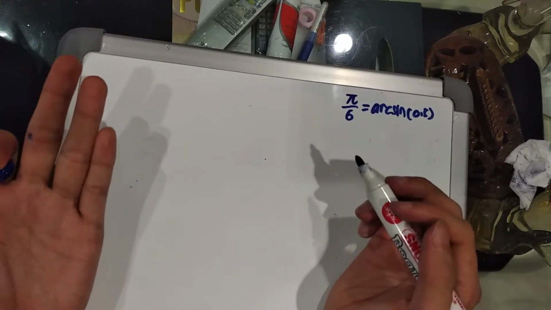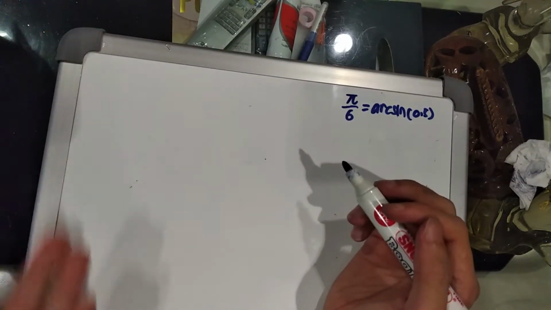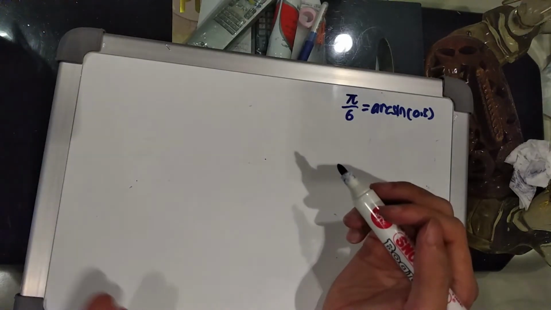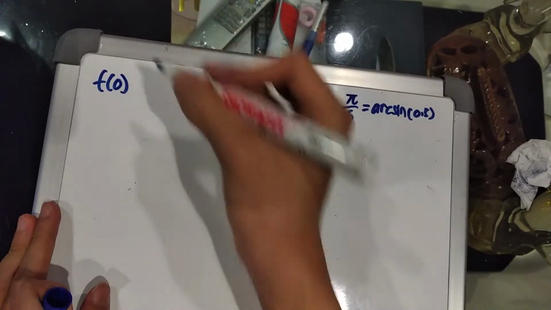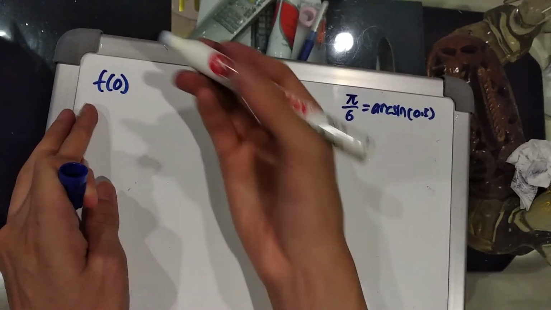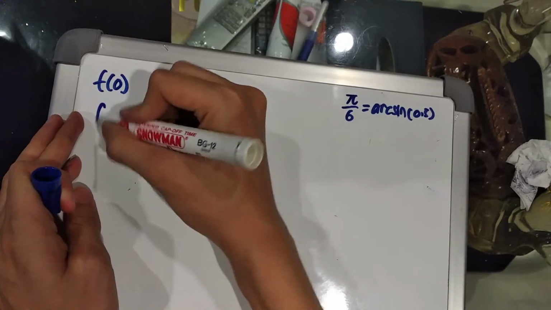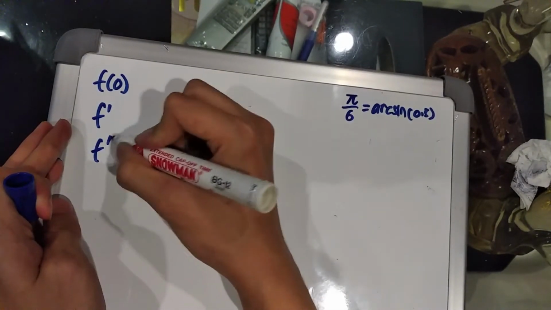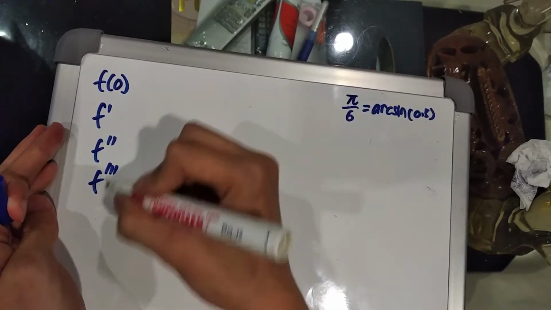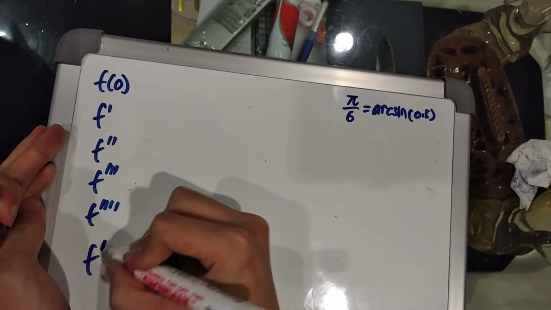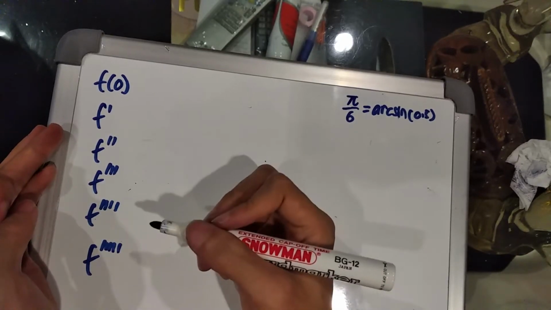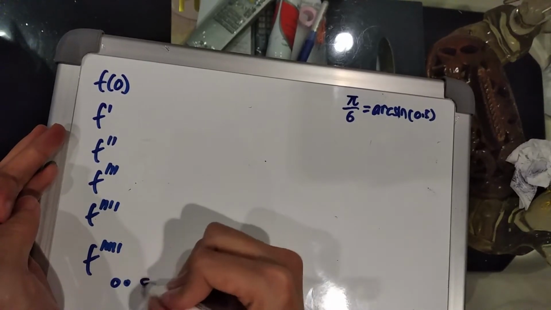How this works is you keep deriving. You start off with the first function, which is the underived function, and you keep going down, and it's just the second derivative and the third derivative and the fourth derivative and the fifth derivative, so on and so forth.